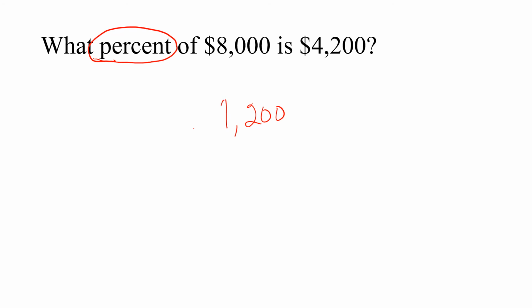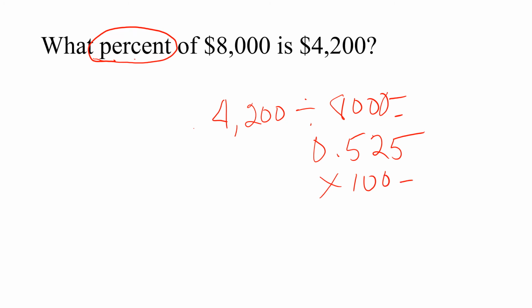It's the 4,200 divided by 8,000 equals 0.525. I have to times 100, so that equals 52.5%, to be exact. Let's round it up and call it 53%.